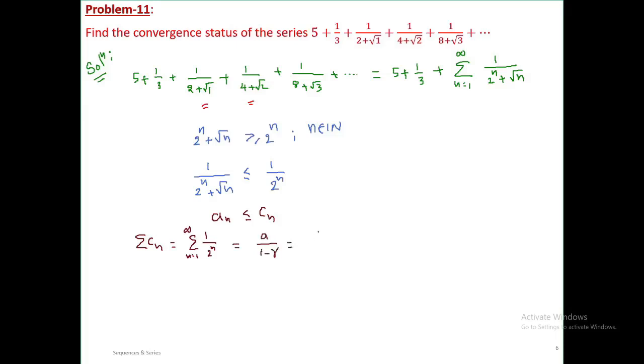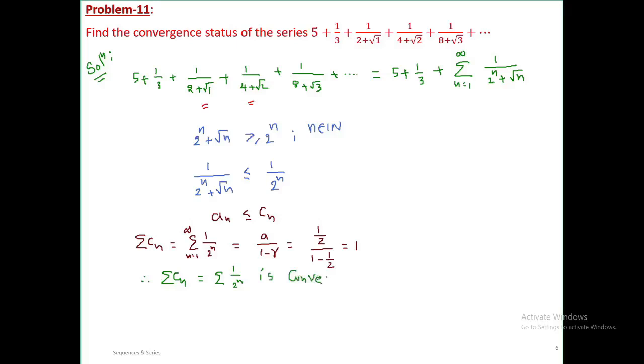First term is 1 by 2. And what is the geometric ratio? Half. So this will be 1. So therefore series c_n, that is series 1 upon 2 power n, converges. So you are having a proper upper bound.